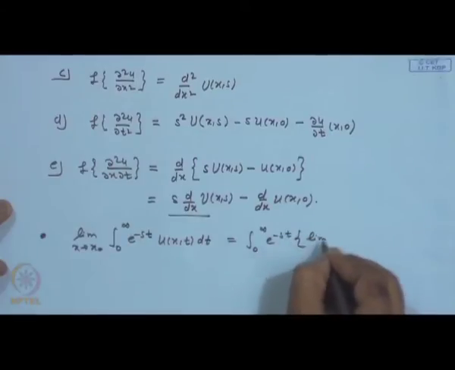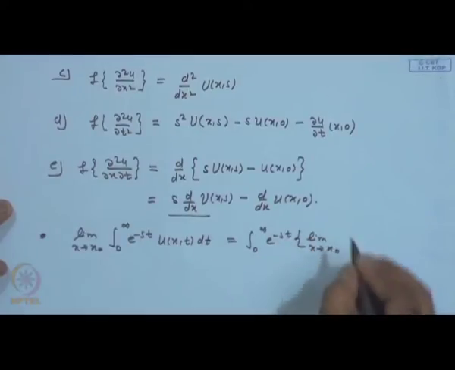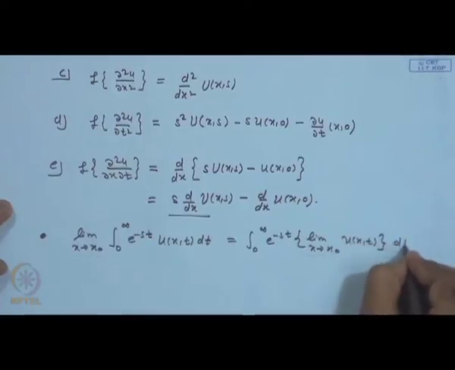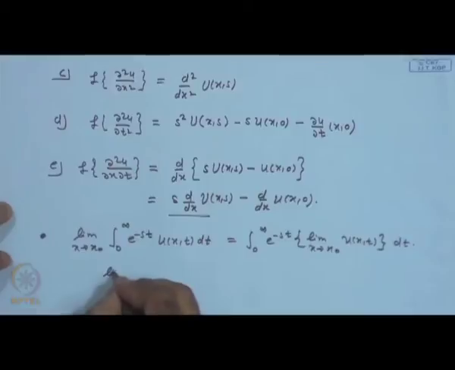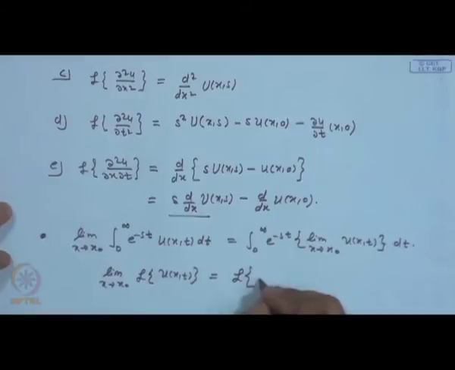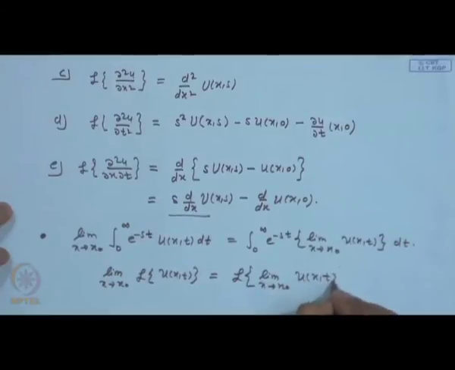That means the limit of x tending to x0 of the Laplace transform of u(x,t) will be equal to the Laplace transform of the limit, that is, the limit x tending to x0 of u(x,t).